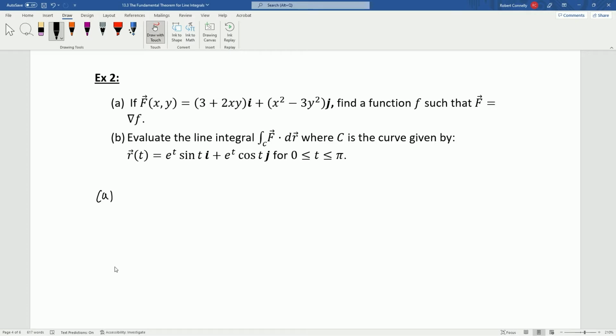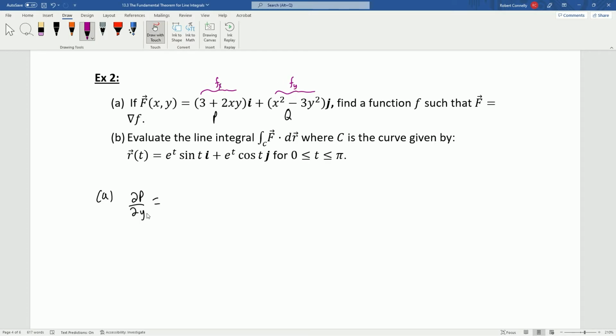Find a function f. Well, let's first make sure that such a function exists. So again, remember this is P, this is Q. So what is dP/dy? Now, if you get confused on which one you take the derivative with respect to y and which one you take the derivative with respect to x, try to come back to the fact that, hey, if this function exists, this is the partial derivative with respect to x, and this one would be the partial derivative with respect to y.